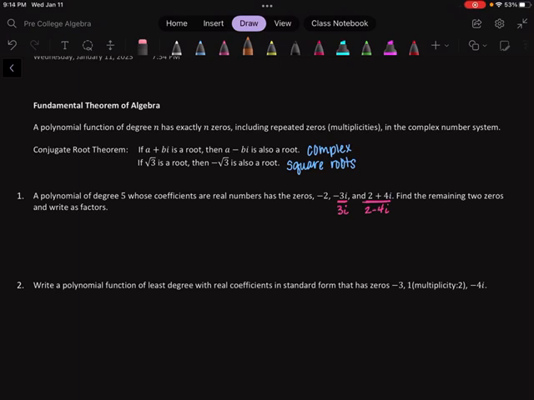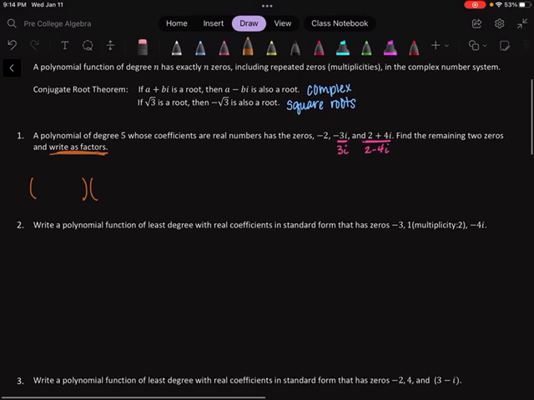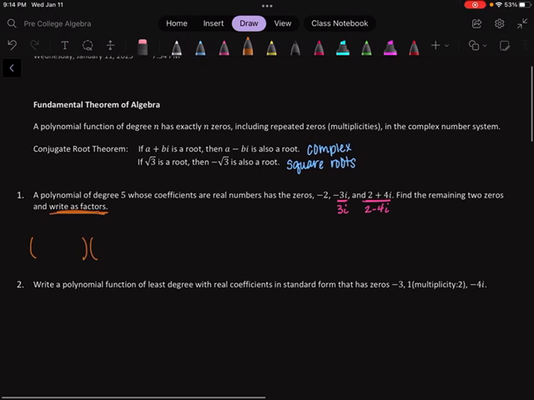So when I say write as factors, we did this yesterday or the time before, where we wrote out basically x minus the zero to find the factor. So we would have x minus a -2, so that's x plus 2. We would have x minus a -3i, so that's x plus 3i.